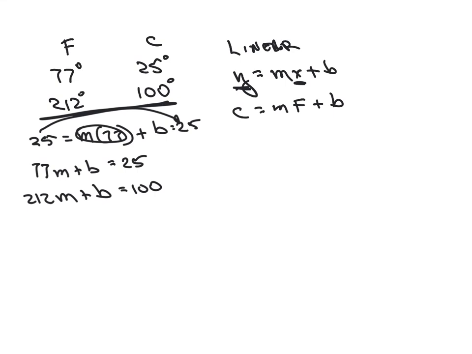Now, if I'm going to bring these two together and find out what M is or B is, I've got to get rid of one of them, remember? So I'm going to multiply the top by -1. And if I do that, I get negative 77M minus B equals negative 25. And the bottom one.